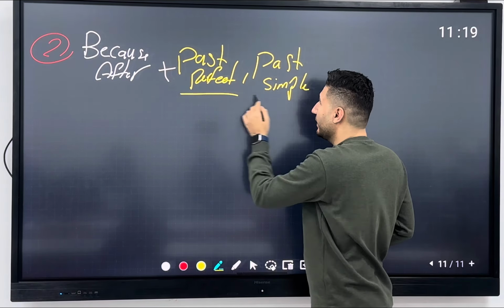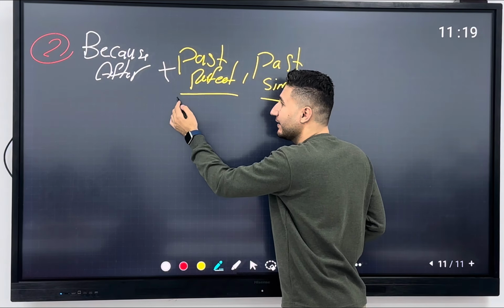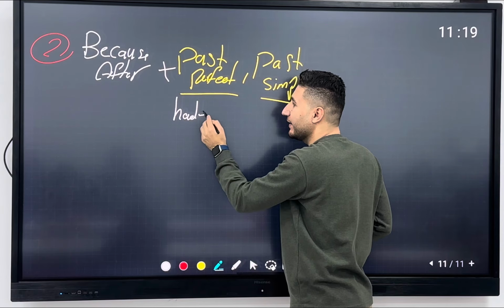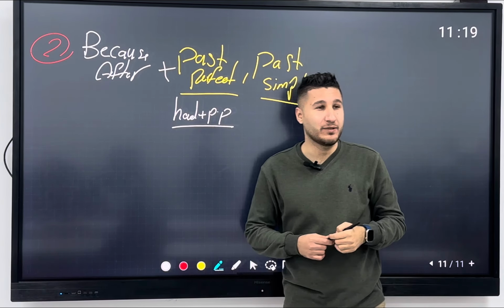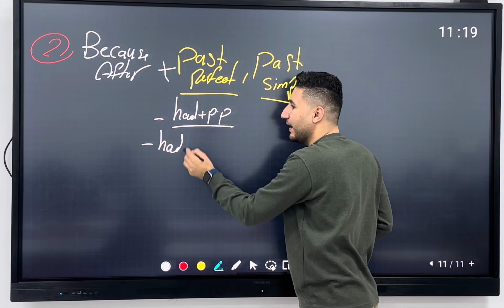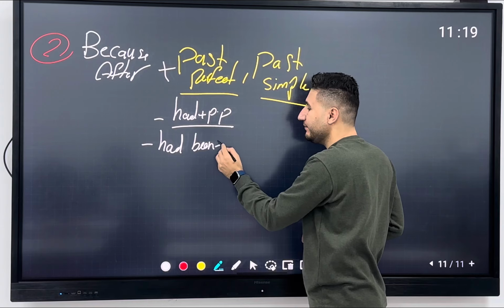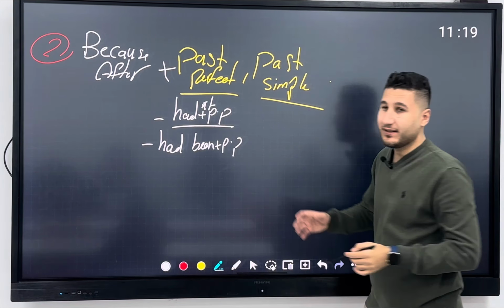Okay, so again, what was past perfect? It's had plus past participle. What is the passive of past perfect? Passive is had been plus past participle. And the negative, we just add not. That's clear.